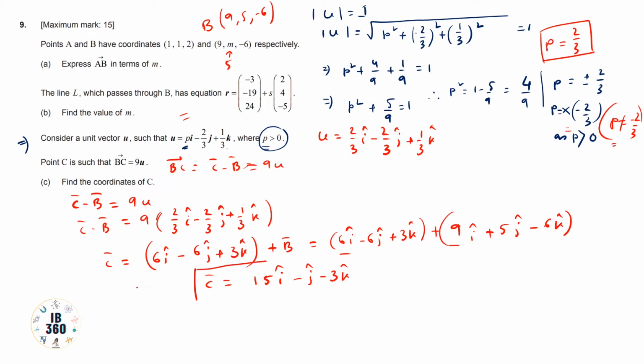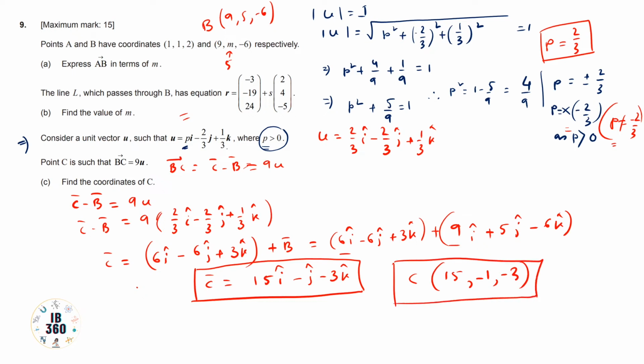So this is the vector equation of C. Now the coordinates will be 15 comma minus 1 comma minus 3. So this is the answer. The coordinates of C will be 15 comma minus 1 comma minus 3. Okay, so question number 9 is also done.